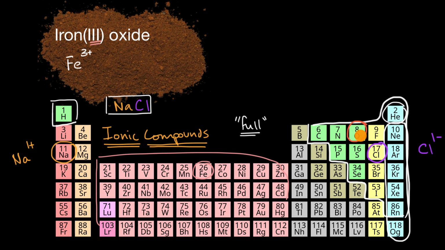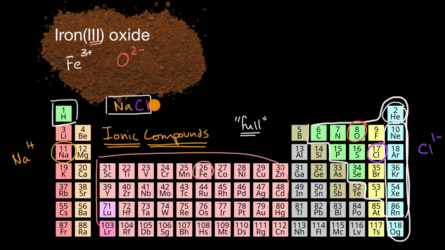So typically, oxygen will take 2 electrons from someone else. So when we're dealing with oxides, we're typically dealing with taking 2 electrons from someone else, or having a negative 2 charge. Now, we know that these two things need to combine in some way so that the entire ionic compound has a neutral charge.